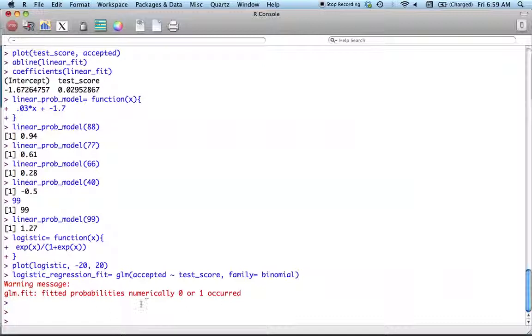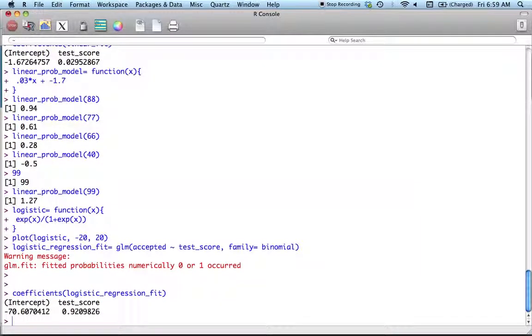Okay, so it's telling me that there was some kind of issue, but I'm not too worried about it. So let's pull the coefficients off of this thing. Okay.